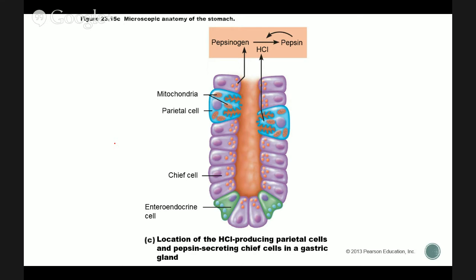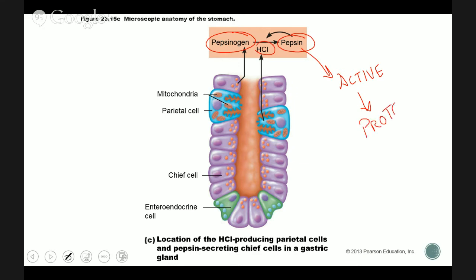Again, the reason why the hydrochloric acid is beneficial is because the hydrochloric acid, when combined with pepsinogen, is going to convert the pepsinogen into pepsin. Pepsin is now active, and this can digest the proteins. So the hydrochloric acid itself doesn't digest anything, but it activates the inactive pepsinogen, converting it to active pepsin. That's how it works.